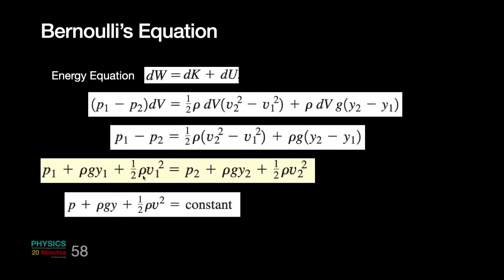Then P1 plus half rho V1 square has to be equal to P2 plus half rho V2 square. Obviously, as you go from P1 to P2, if your pressure increases, then your velocity has to decrease. So a decrease in velocity results in an increase in pressure.